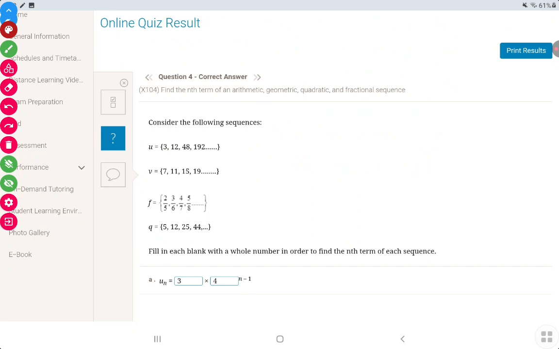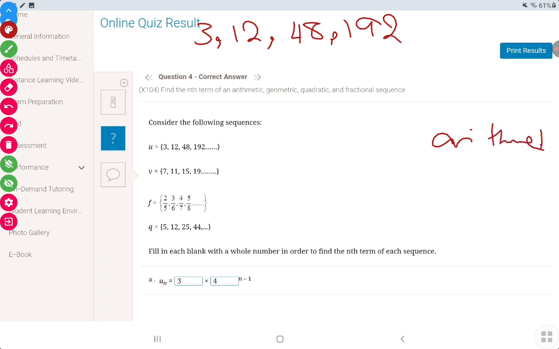So U is 3, 12, 48, 192, okay? So first thing we do is check if it's arithmetic or linear.